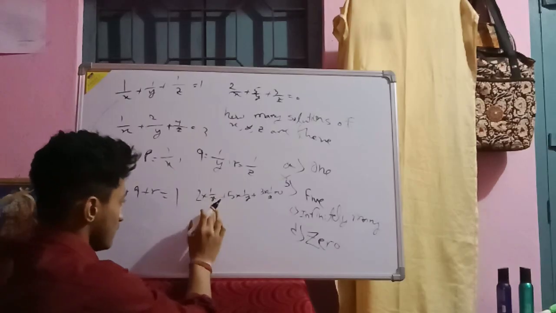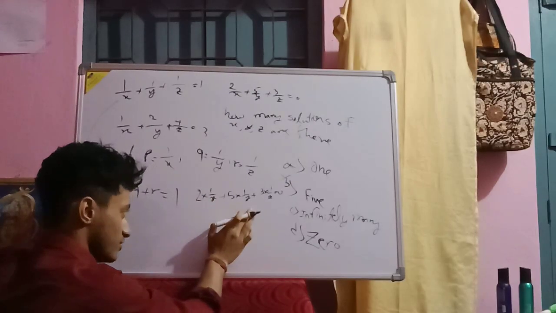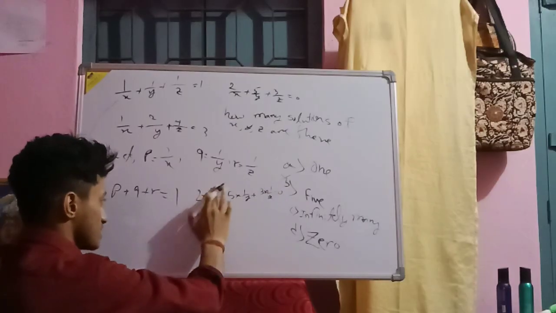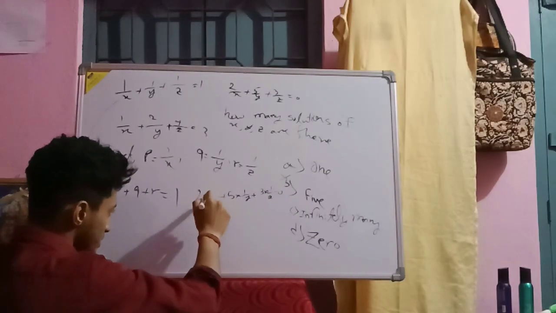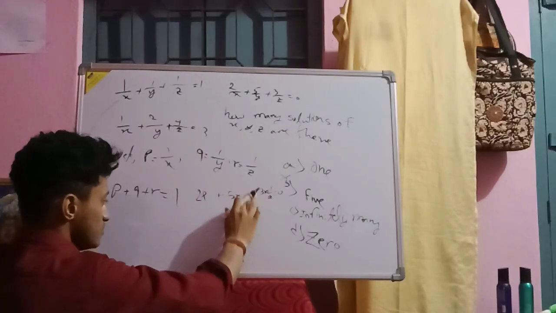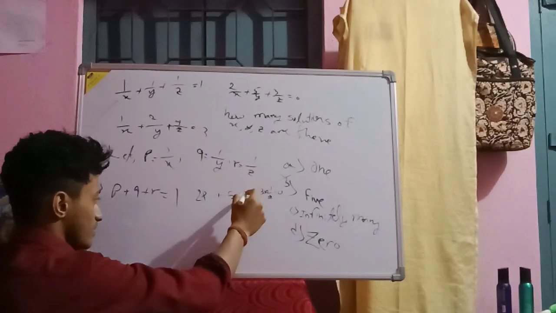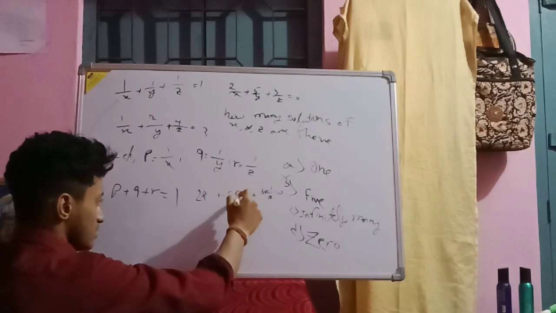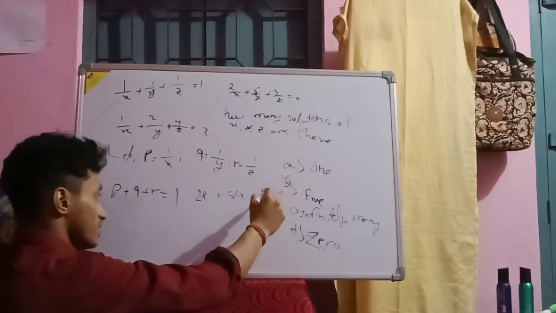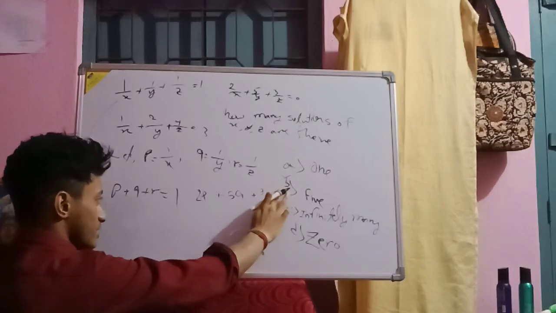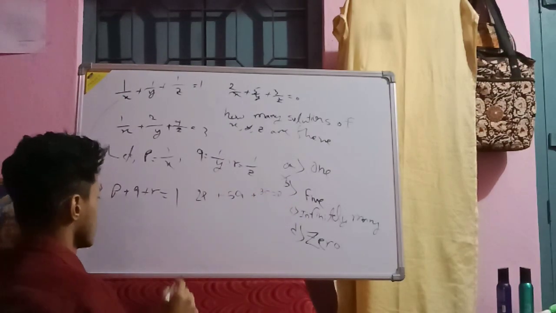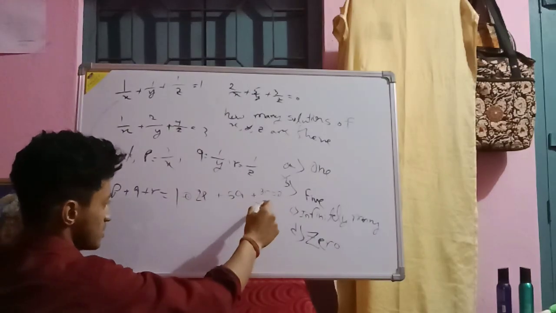We know that 1 over x is p, 1 over y is q, and 1 over z is r, so we can plug in those values: 2p plus 5q plus 3r equals 0. This is the second equation.